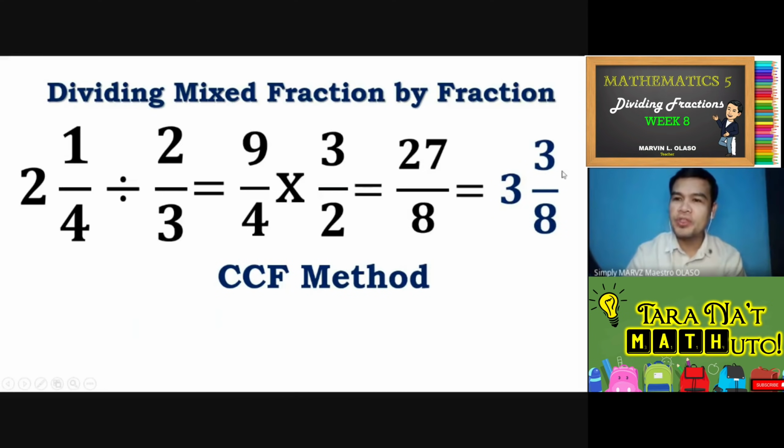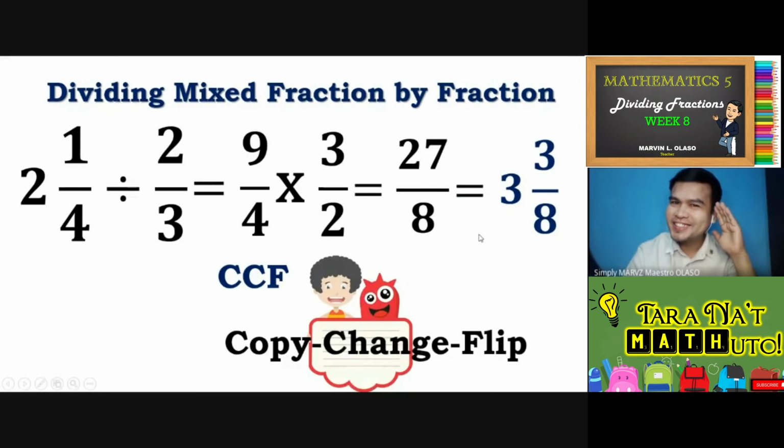A remainder of 3. Then copy the divisor 8. Therefore, 27/8 is equal to 3 and 3/8. 2 and 1/4 divided by 2/3 is equal to 3 and 3/8. Again, what method? Copy, change, and flip.